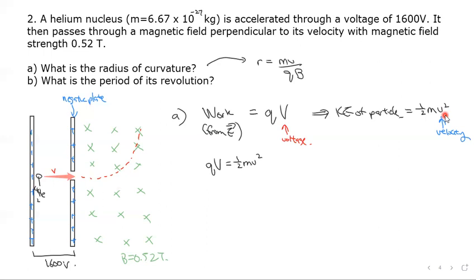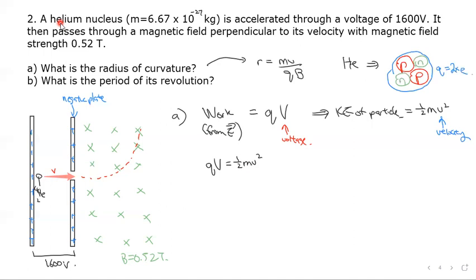And so we can then find out the velocity of the particle because we know the mass and we know the charge. Remember, what's a helium nucleus? A helium nucleus is basically made up of 2 protons and 2 neutrons. That's your helium nucleus. So as a result, your charge is going to be 2 times the electron charge.